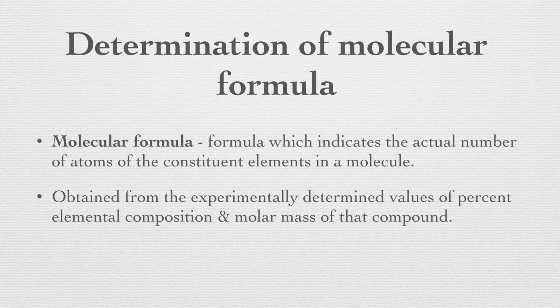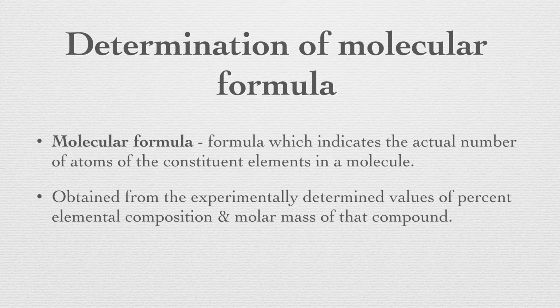To start with this topic, first you have to understand what a molecular formula is. As defined, it is the formula which indicates the actual number of atoms of the constituent elements in a molecule. For example, the molecular formula of water is H2O.